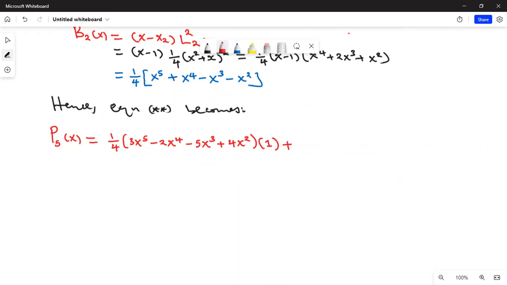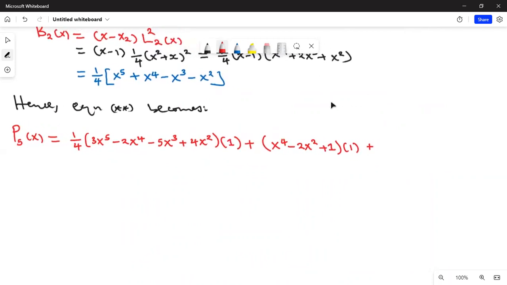plus the next is A1 of x times F1. Our A1 of x was x raised to 4 minus 2x squared plus 1. This should multiply 1, which is our F1. Then we also have A2 of x times F2.